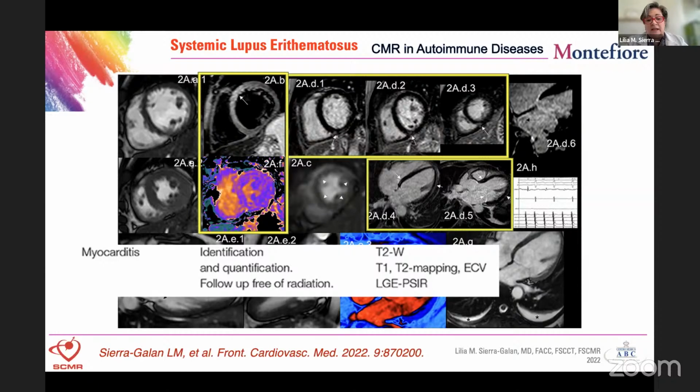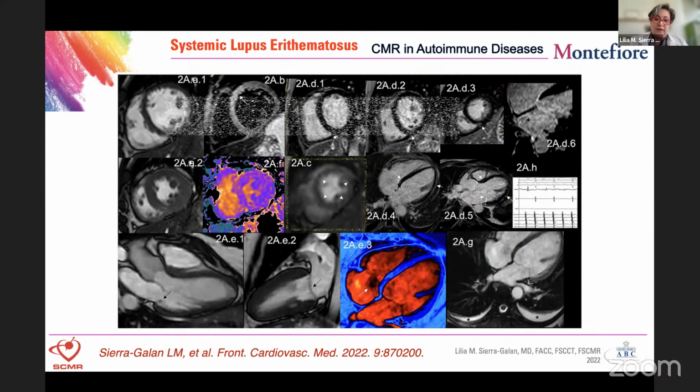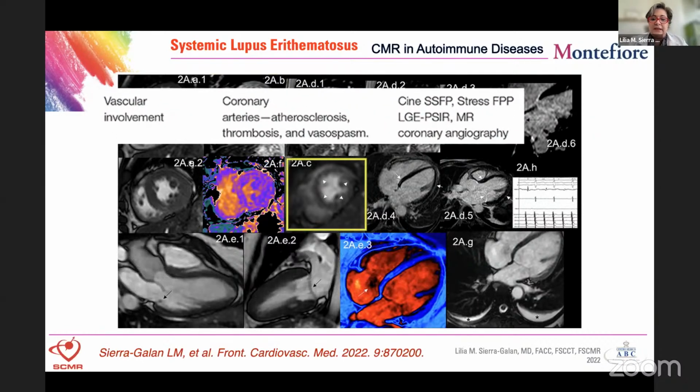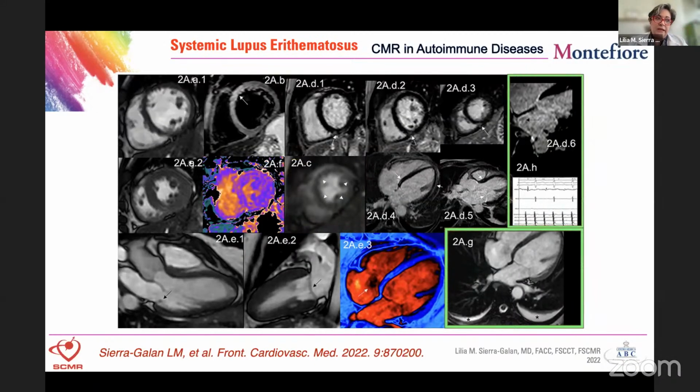So there are a lot of findings, and we can go further than that and see the vascular involvement, not only as a perfusion defect, but for example, in this case, we had the presence of atrial fibrosis, and this patient arrived at the emergency department with a rapid atrial fibrillation that required cardioversion.